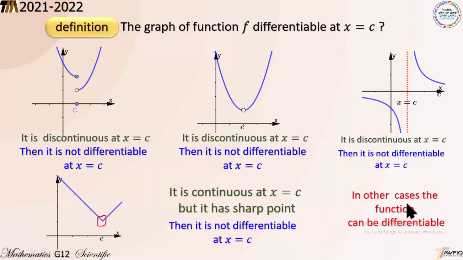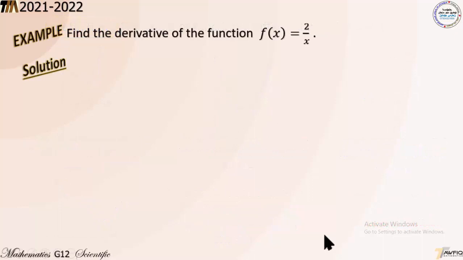In other cases, the function can be differentiable. Example. Find the derivative of the function f of x equals 2 over x. That means the first derivative.